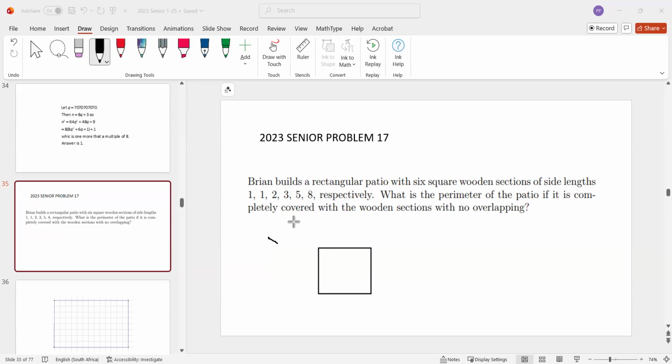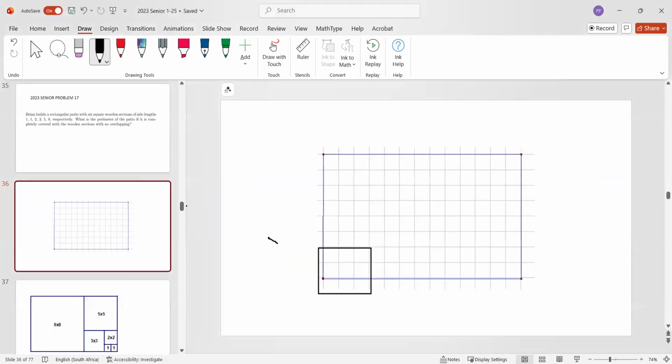Now, it turns out that with a Fibonacci sequence, you can make a rectangle with all squares inside it. I'll show you how it's done. I've drawn something here which is 8 by 13.